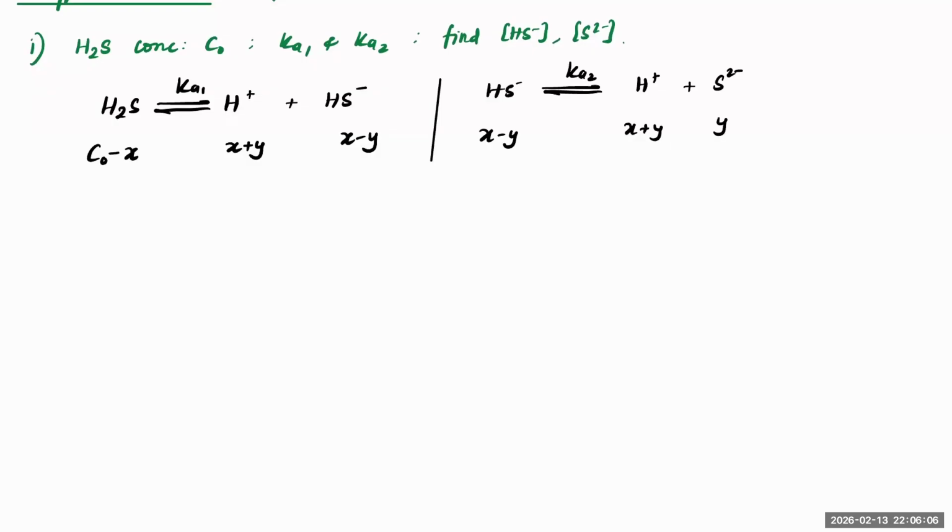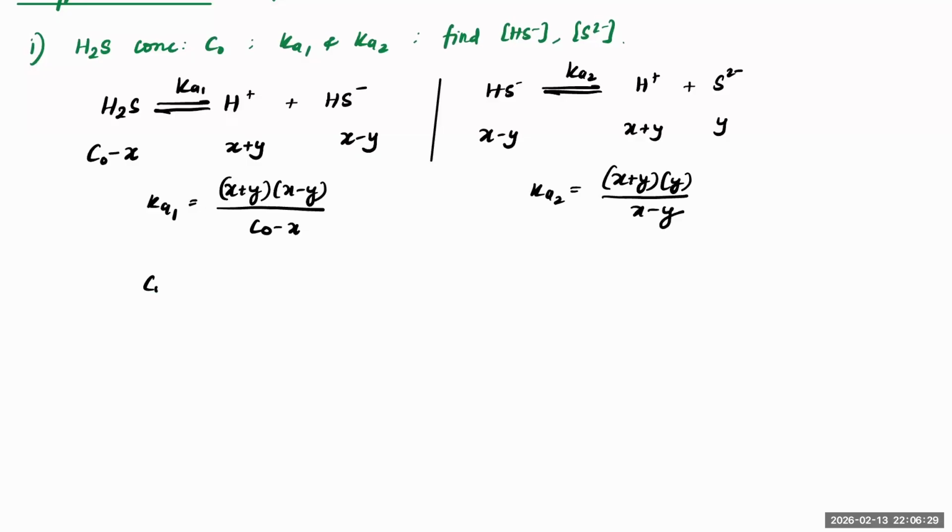Now, what can I write about Ka1? Ka1 will be equal to X plus Y concentration into X minus Y concentration by C naught minus X, and Ka2 will be equal to X plus Y concentration into Y concentration by X minus Y concentration.